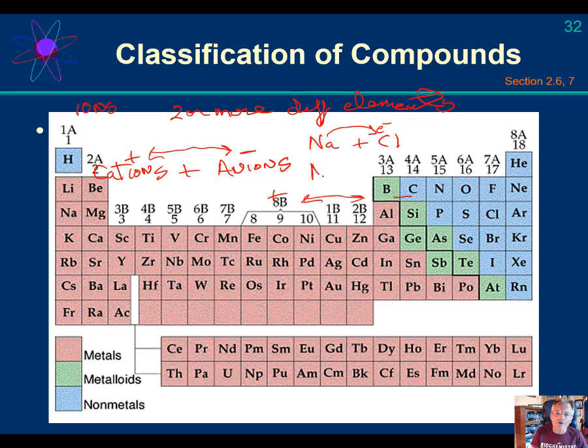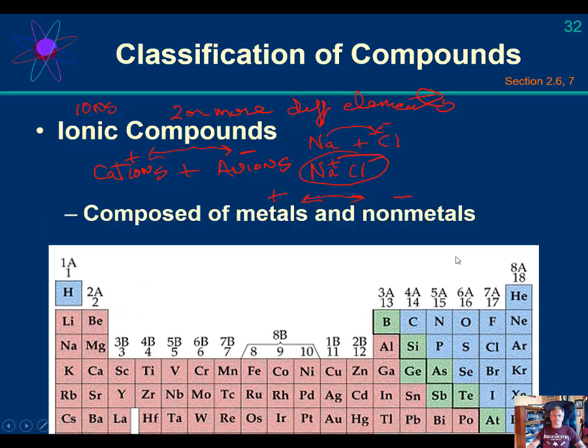That's going to give you Na+ and Cl-, and that's going to form your ionic compound. So ionic compounds are made up of metals and nonmetals.